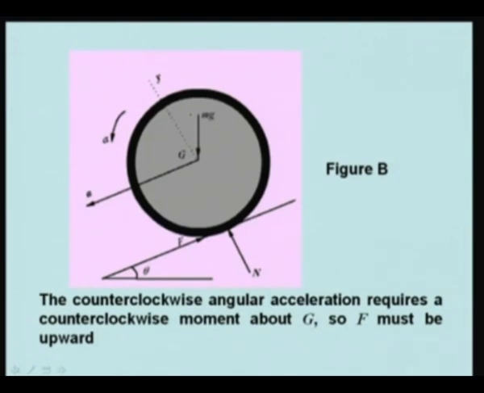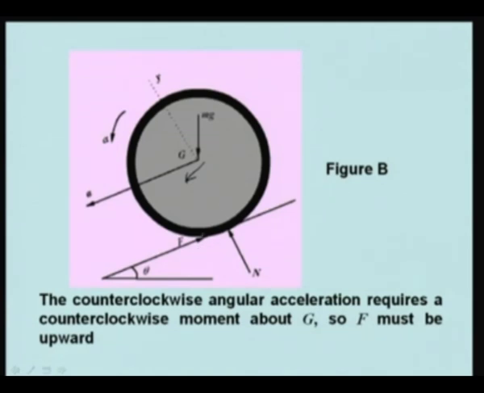You have a counterclockwise angular acceleration because this part of the mass is coming down here. So you require a counterclockwise moment about G, which means F must be upward.